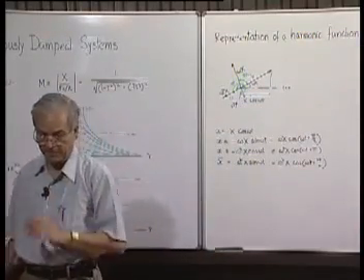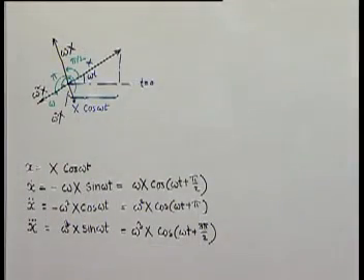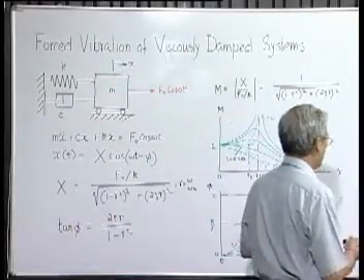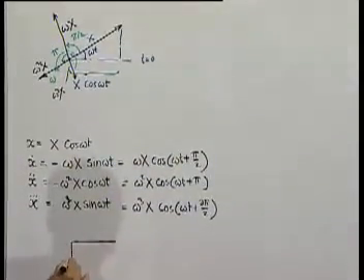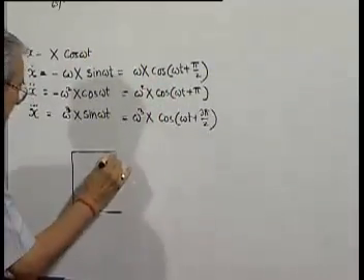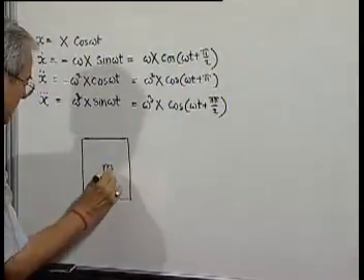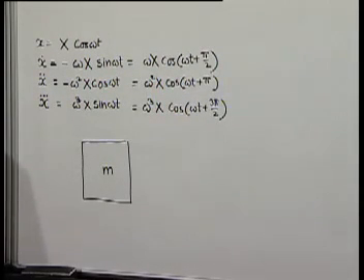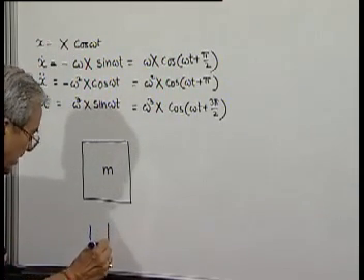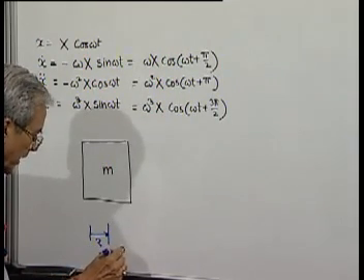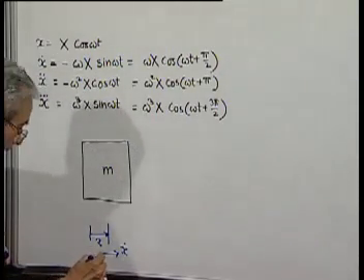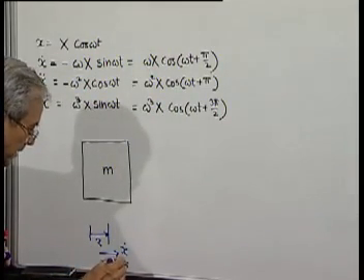Okay. Now if we consider the free body diagram of the block, what are the forces at any instant of time when it is displaced from its equilibrium position by x, moving in this direction at a velocity x dot and with an acceleration x double dot?